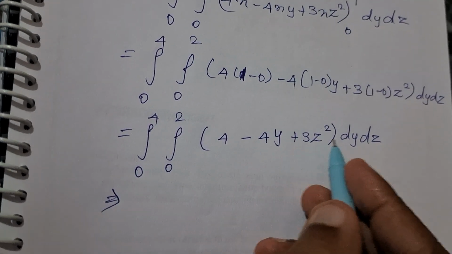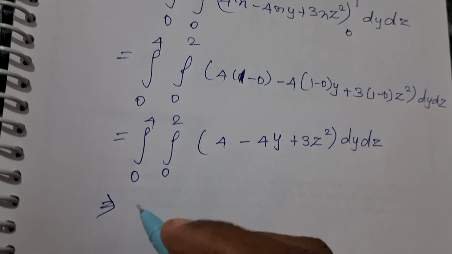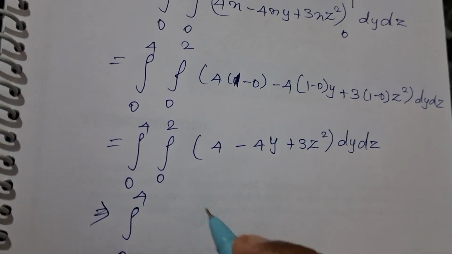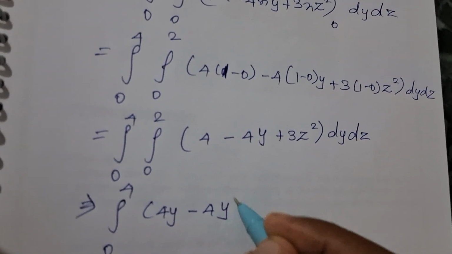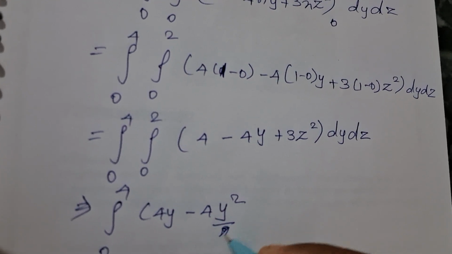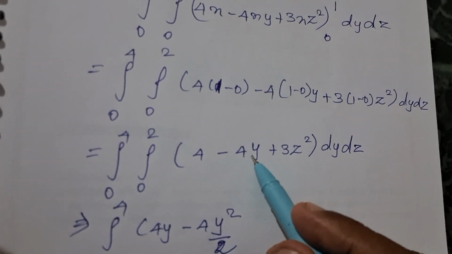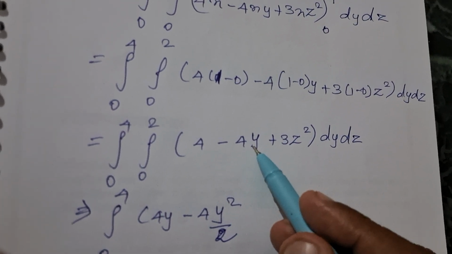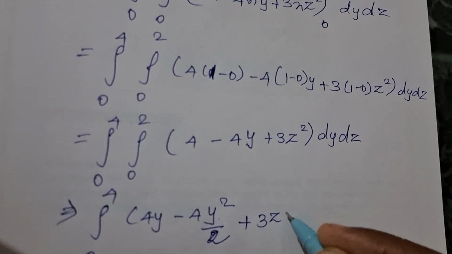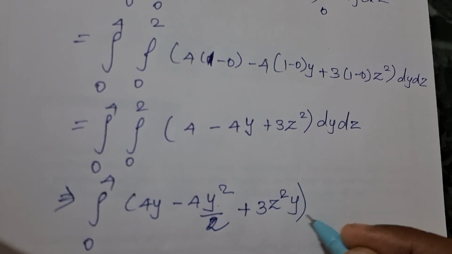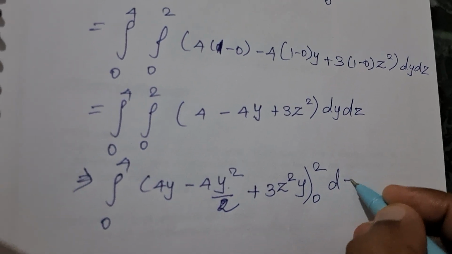Next we integrate with respect to y. We get 4y minus 4y square by 2 plus 3z square y, with limit 0 to 2, dz.